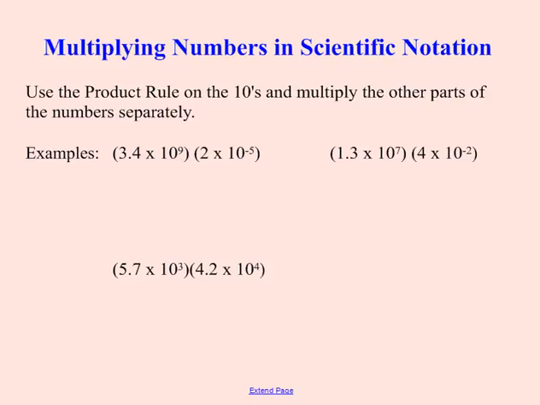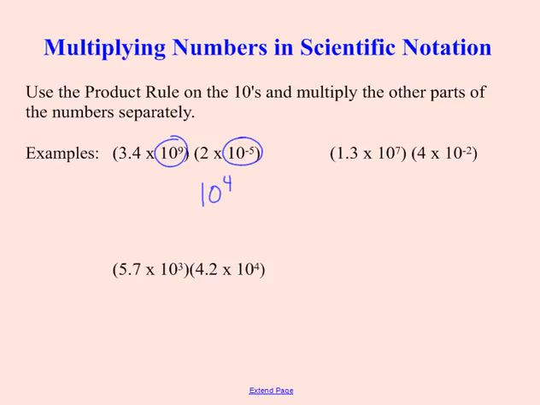Our first example is 3.4 times 10 to the 9th times 2 times 10 to the negative 5th. So we would use the product rule on our tens here because we're multiplying those together. 10 to the 9th times 10 to the negative 5th, we would add the exponents. 9 plus negative 5 would be 4, so we get 10 to the 4th.